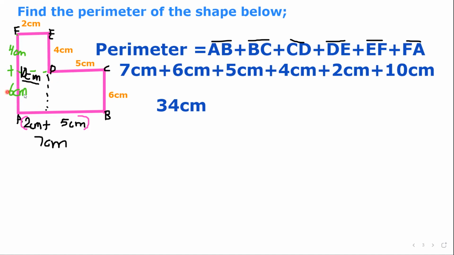And here too is the same, 6, 6. And then the total length here is also part of what? The 6 and the 4. So when you add them, you get what? The 10 centimeters.